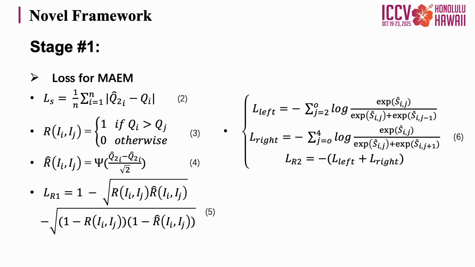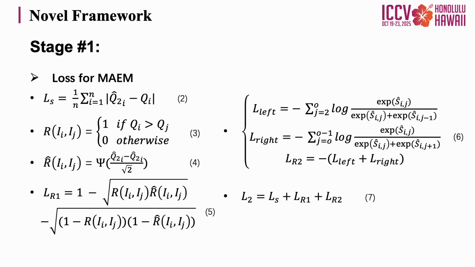Since the human perception of facial attractiveness is gradual and rarely exhibits multiple peaks, we further obtain the ranking information by ensuring that the attractiveness level probability distribution only exhibits one peak and decreases in 2 directions, leftward and rightward. Then the 2-direction pairwise ranking loss can be formulated as formula 6. The final loss of MAEM, L2, is the sum of LS, LR1, and LR2.